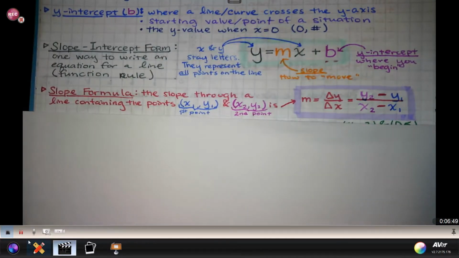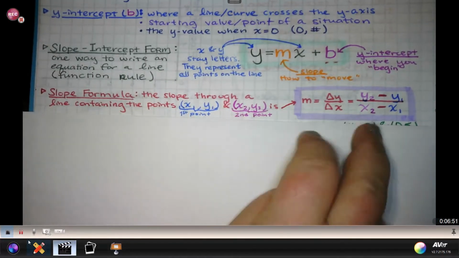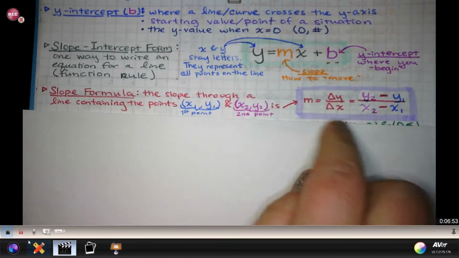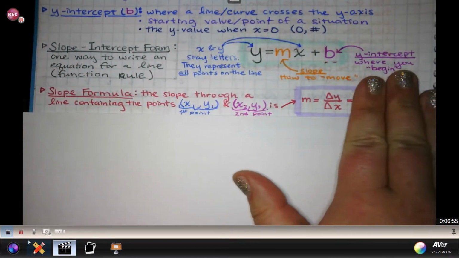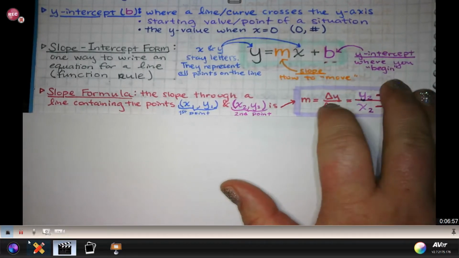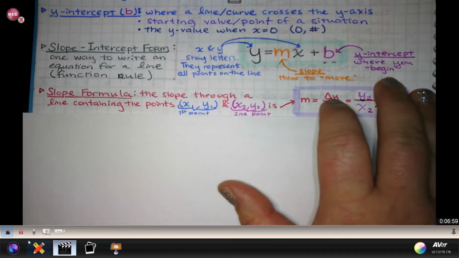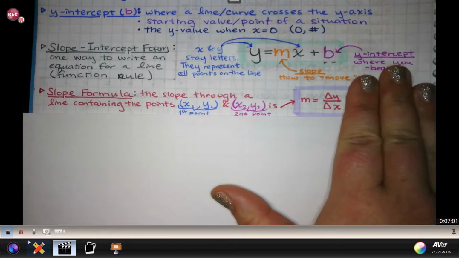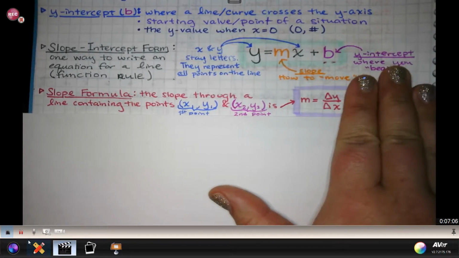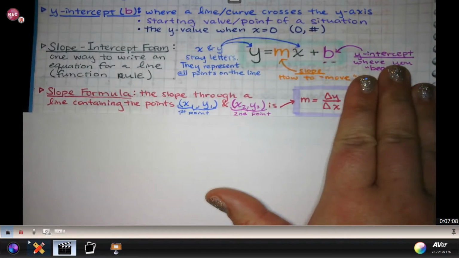Okay, so now that we know that, we put them into this formula. So remember, slope is like rate of change. So m equals, or slope equals, change in y over change in x. That's one of the ways we talked about rate of change. Well, a way to find this is by subtracting them to find the difference.